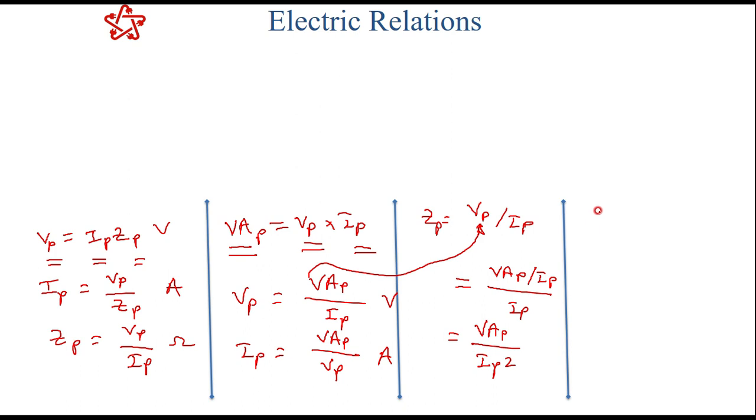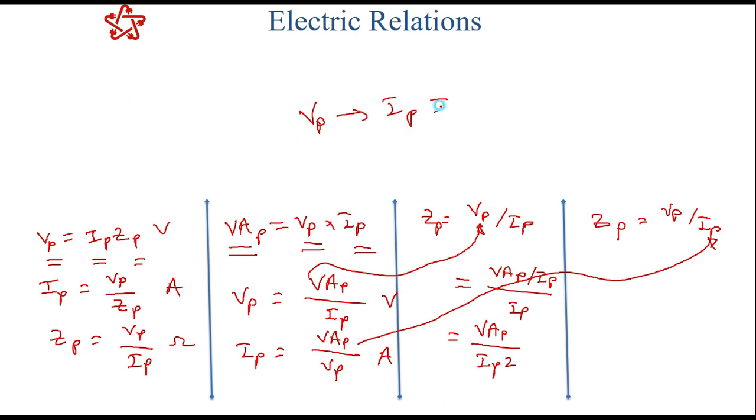Similarly, you can try for Zp equal to Vp by Ip, where you can replace Ip by the corresponding equation. What I am explaining is the relation between voltage, current, volt ampere and impedance.